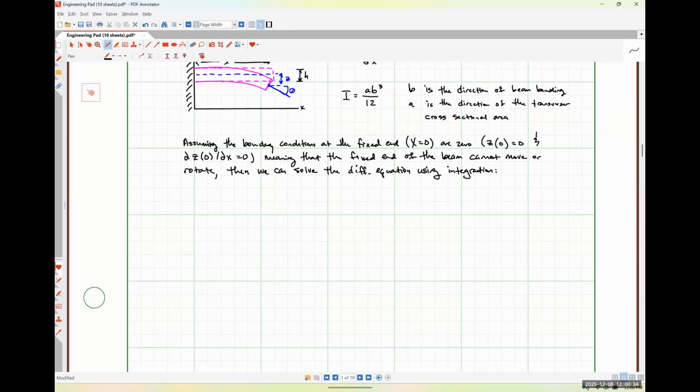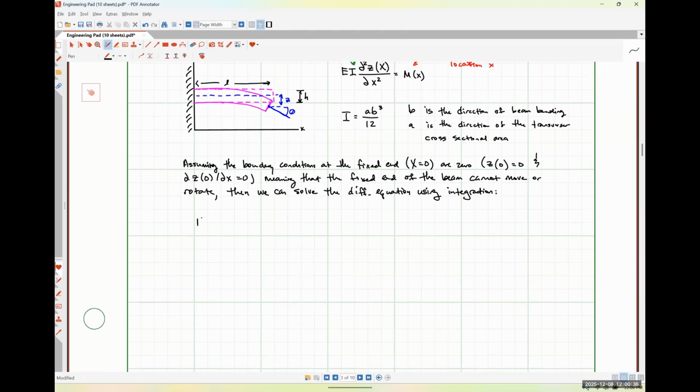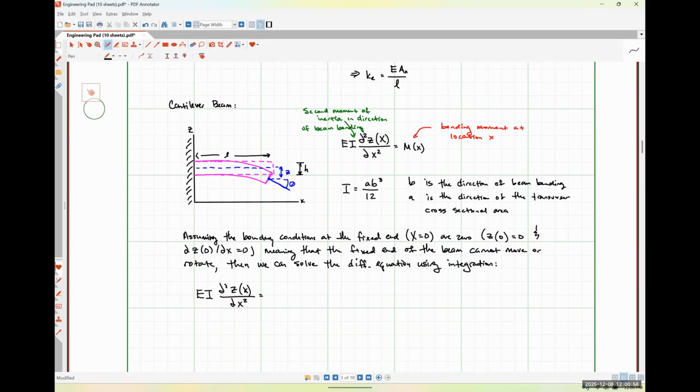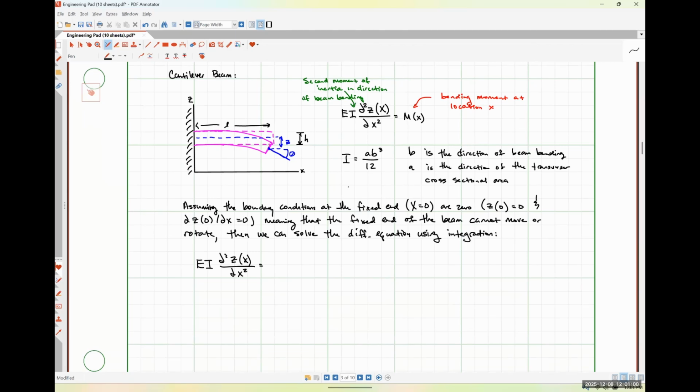So starting with my differential equation, I've got EI times the second derivative of z with respect to position along the x direction. And this is going to be equal to my bending moment. My bending moment here is going to be my applied force.